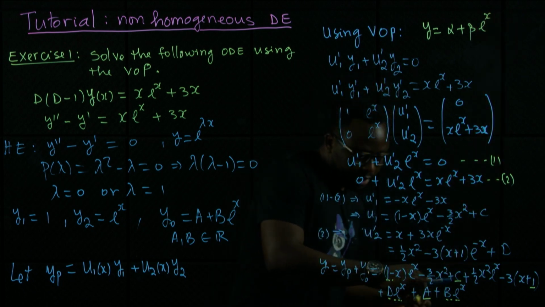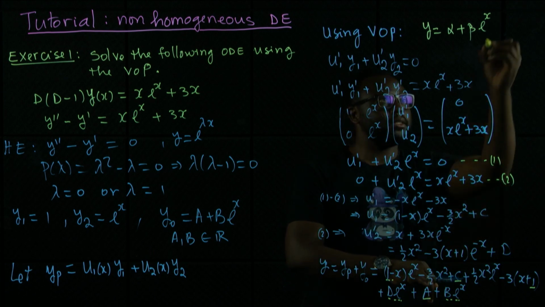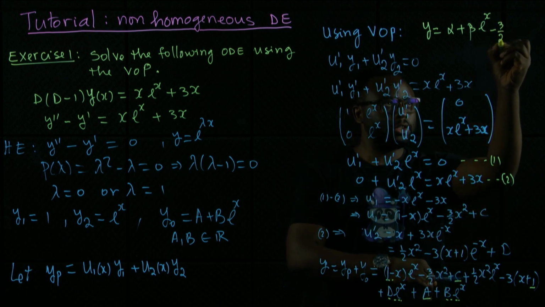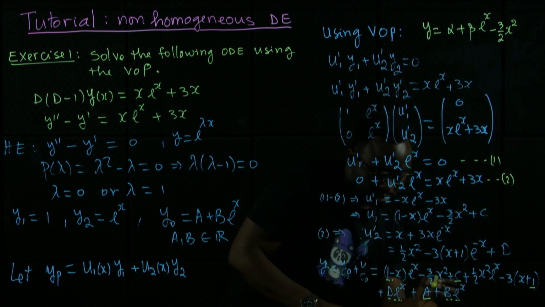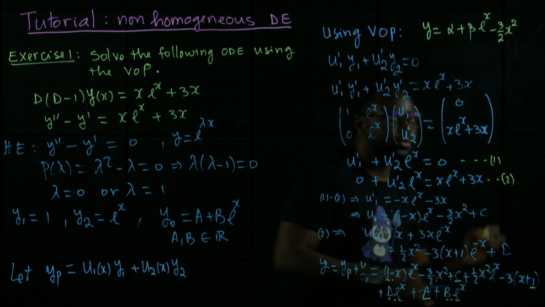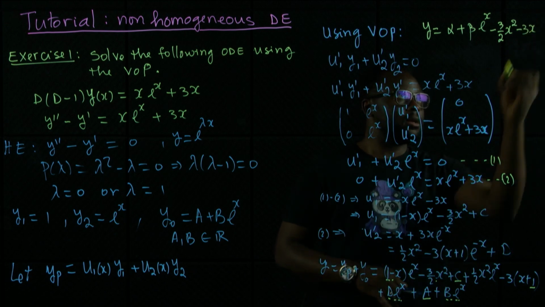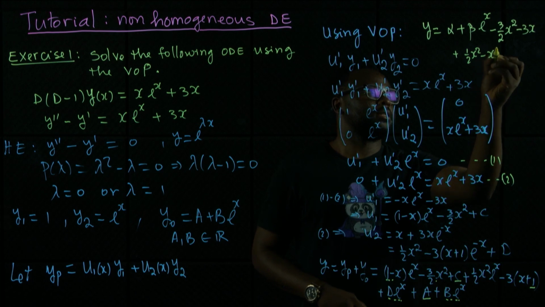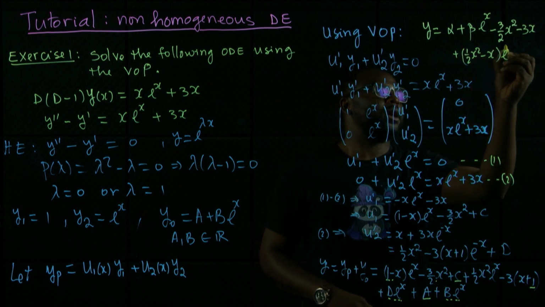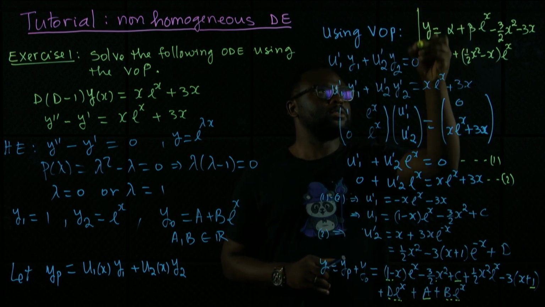Then we remain with minus 3 over 2 x squared, minus 3x, plus half of x squared minus x times e to the power x. So this is what we have. This is the solution.